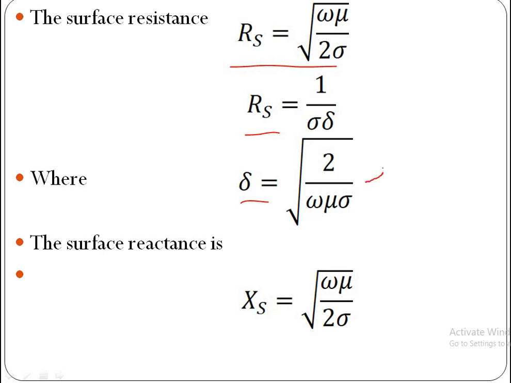If we substitute this in this equation, then it is also written as Rs is equal to 1 by sigma into delta. The surface reactance Xs is equal to square root of omega mu by 2 sigma.